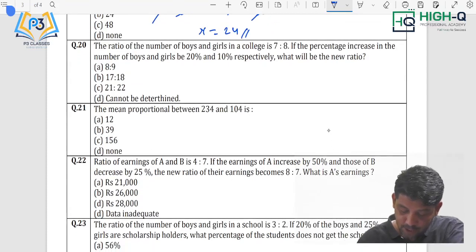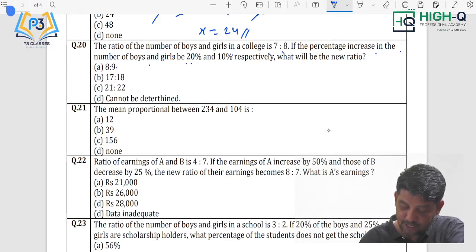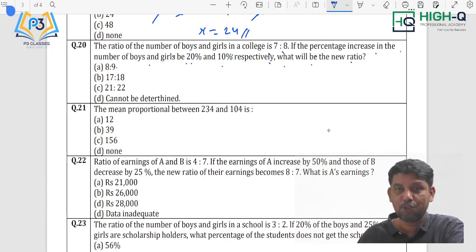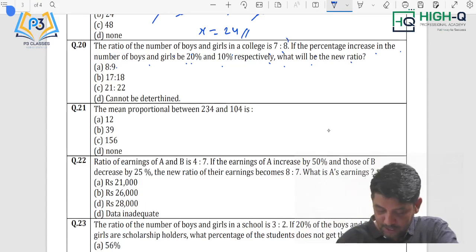Next, the ratio of the number of boys and girls in a college is 7:8. If the percentage increases in the number of boys and girls is 20% and 10% respectively, what will be the new ratio? Please follow the simple procedure. Don't waste your time. Ratio is 7:8.